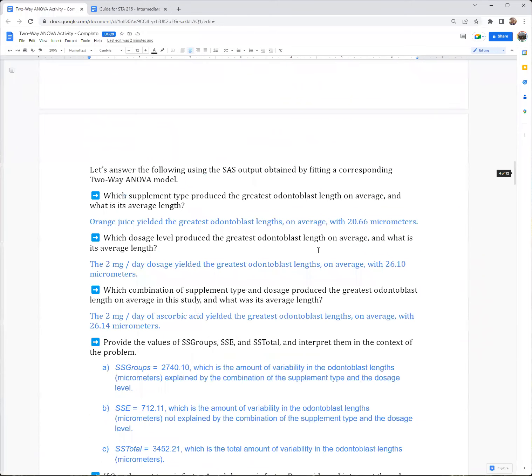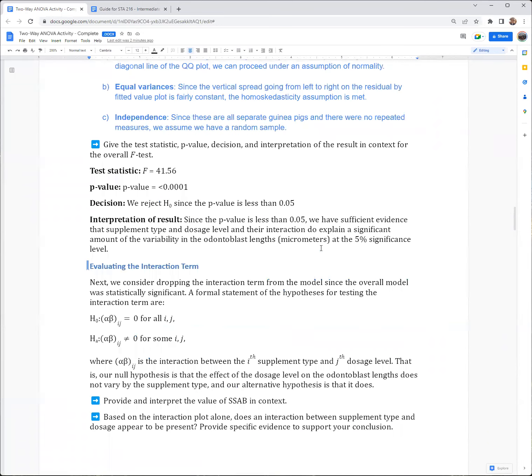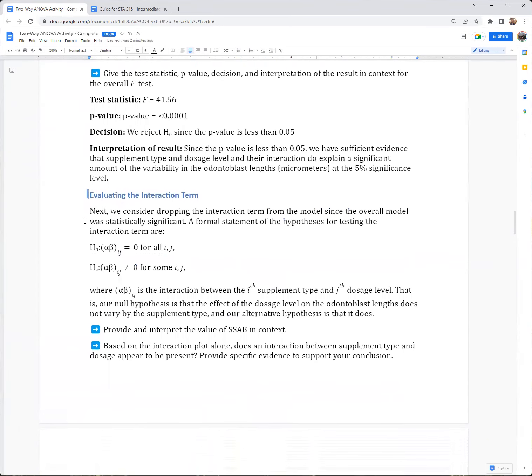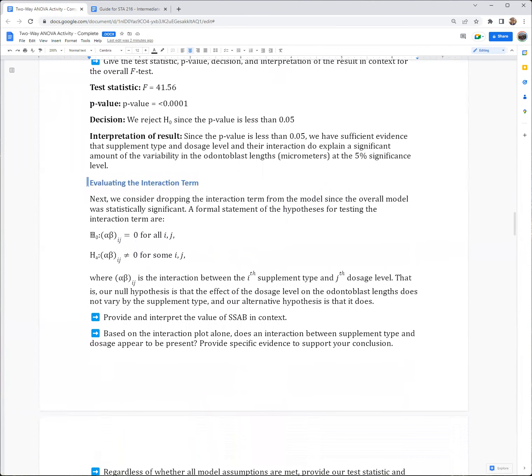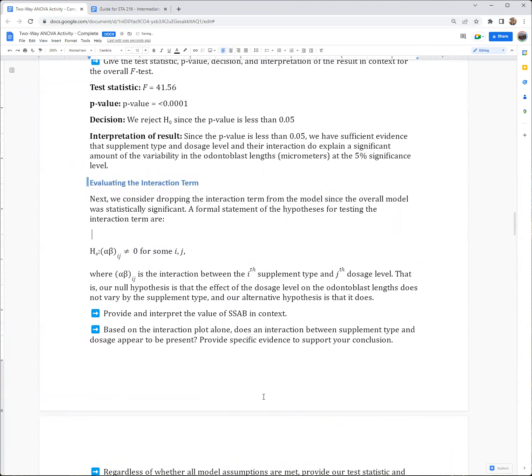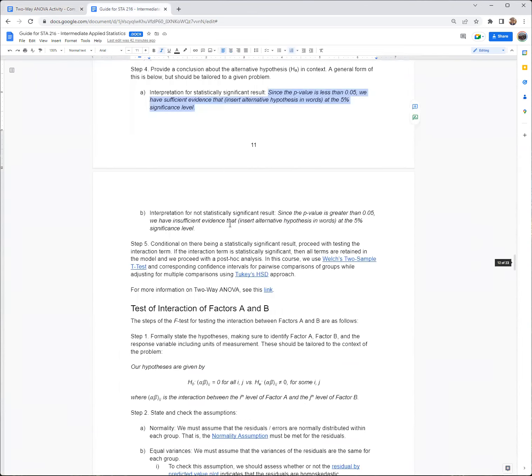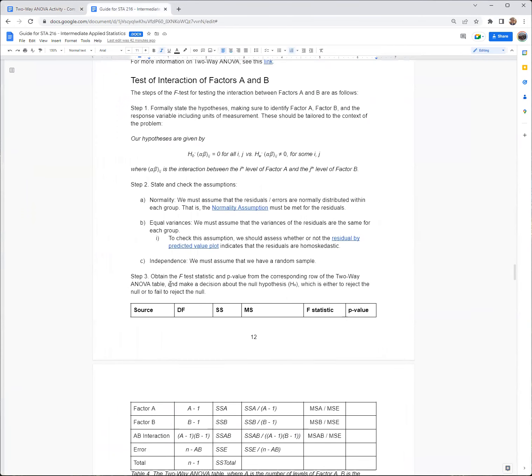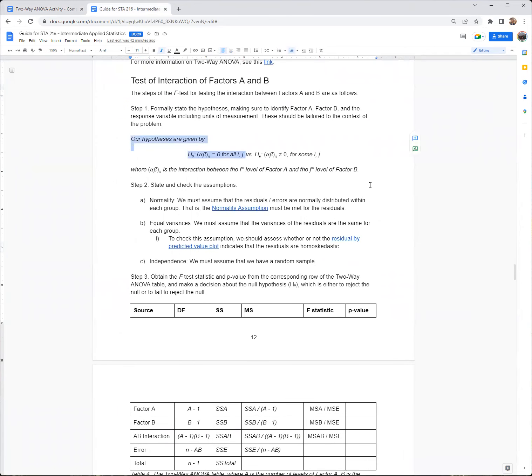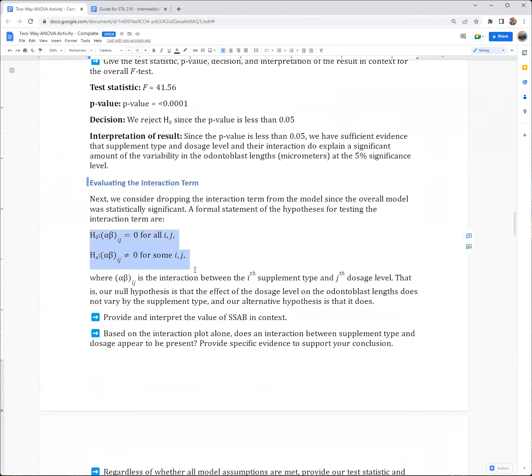So how we can do that here is we first give our hypotheses. A formal statement of the hypotheses is like this: H0 and HA, which again, there's a section in the guide for Stat 216 document that gives these blueprint hypotheses.